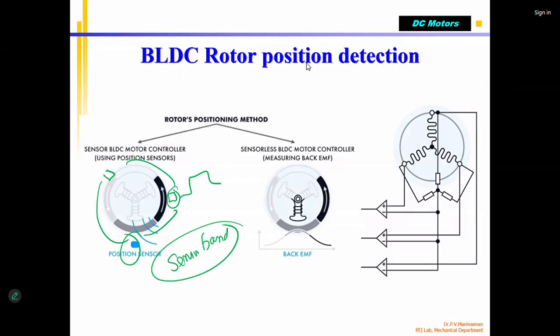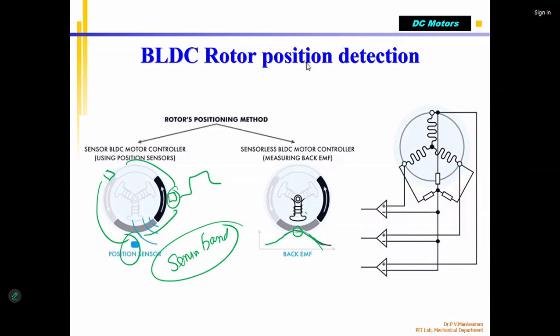Instead of that, I can sense the position of the rotor north pole by sensing the back EMF generated. Back EMF is generated as the north pole of the rotating rotor comes near the coil. It generates back EMF, as we just talked about. That back EMF will be maximum when the rotor aligns exactly with the stator pole.